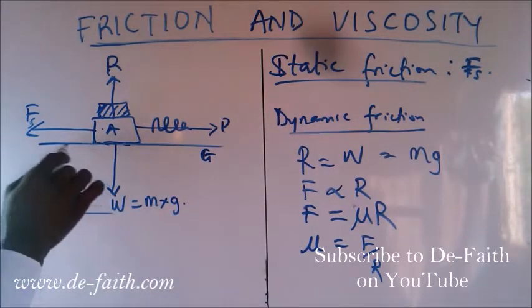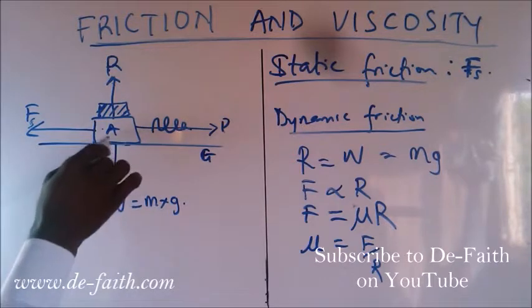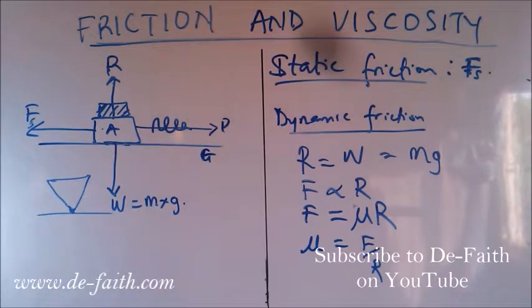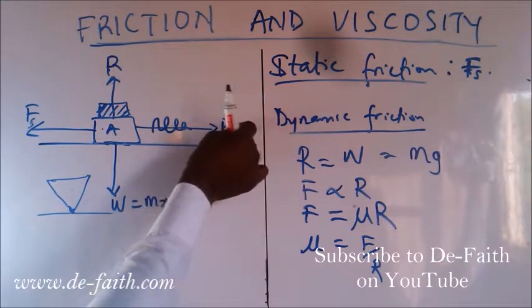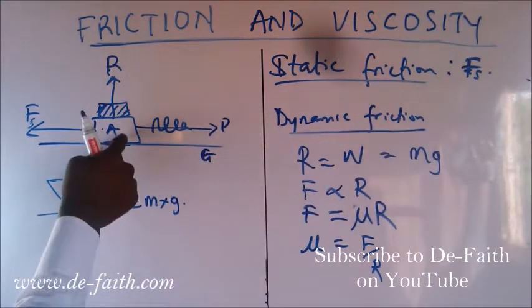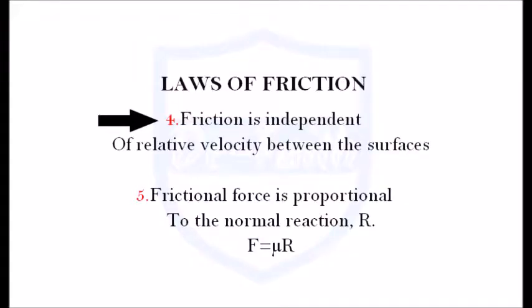But if we have a smooth body, whereby this ground is smooth, likewise the surface of A is smooth, now if it is completely smooth, we may even have a zero frictional force, that is, whereby there is no force, and any small force that is applied to move it in this direction will lead to the movement of this body over G. And then we have number 4, saying that it is independent of relative velocity between the bodies.